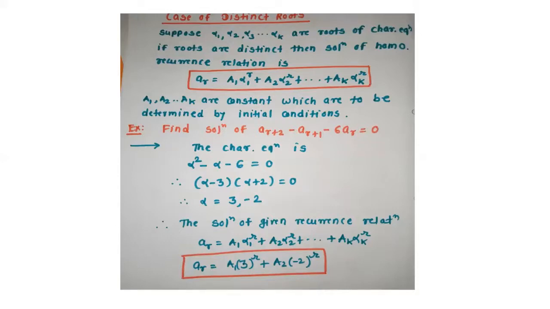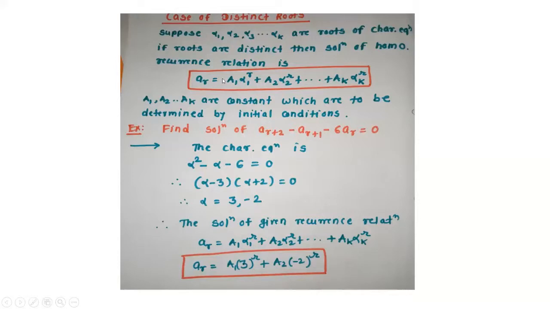In the first case, if the roots are distinct, suppose alpha 1, alpha 2, alpha 3, up to alpha k are the roots of the characteristic equation. If these roots are distinct, then the solution of the homogeneous recurrence relation is a_r equal to A1 alpha 1 raised to r plus A2 alpha 2 raised to r plus up to AK alpha k raised to r.